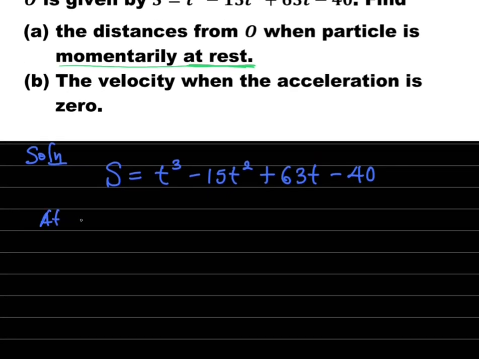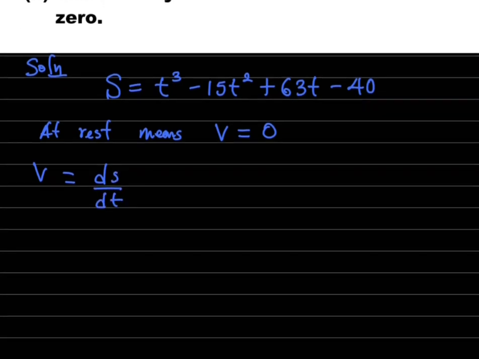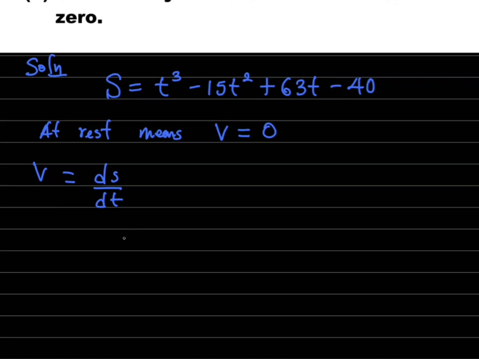Okay, at rest means v is equal to 0. So we need to get the velocity. Now, velocity is actually the differential of distance with time. All right, so let's differentiate s. Now, differential ds by dt from the relationship given to us will be 3t squared minus 15 into 2t, I'm differentiating, plus 63.